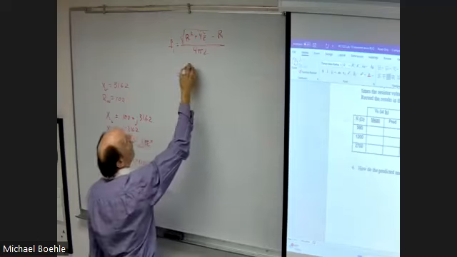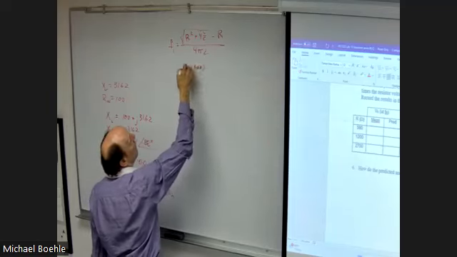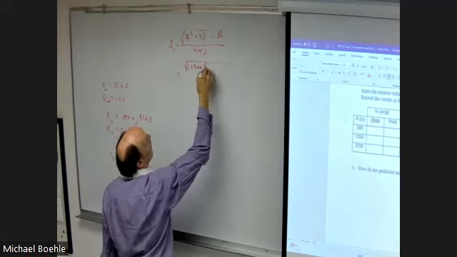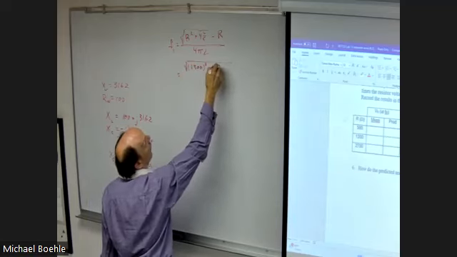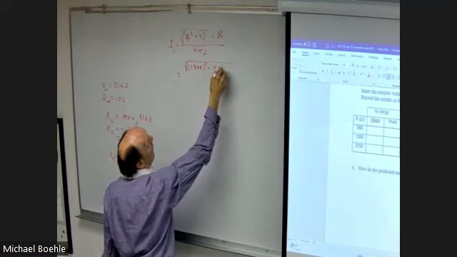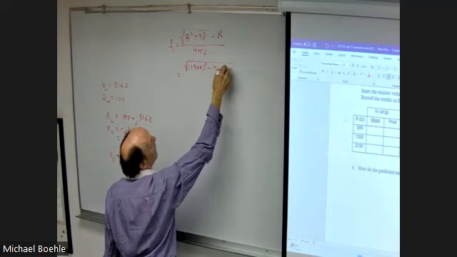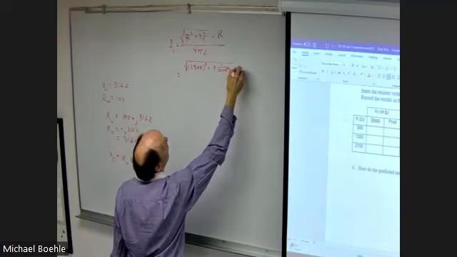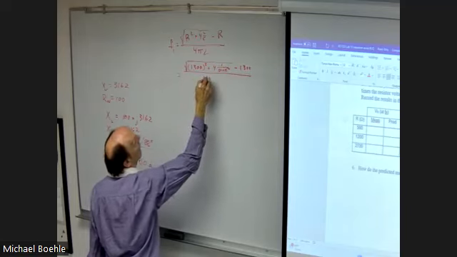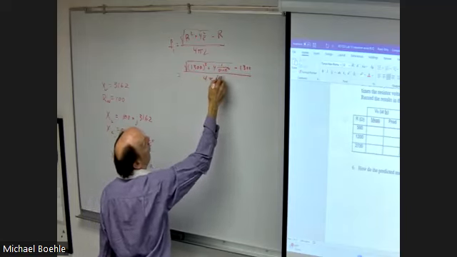So that'll be 1300 squared plus 4 times L, which is 0.1, divided by C, which is 0.01 times 10 to the negative 6, minus R, which is 1300, divided by 4 pi L, which is 0.1.